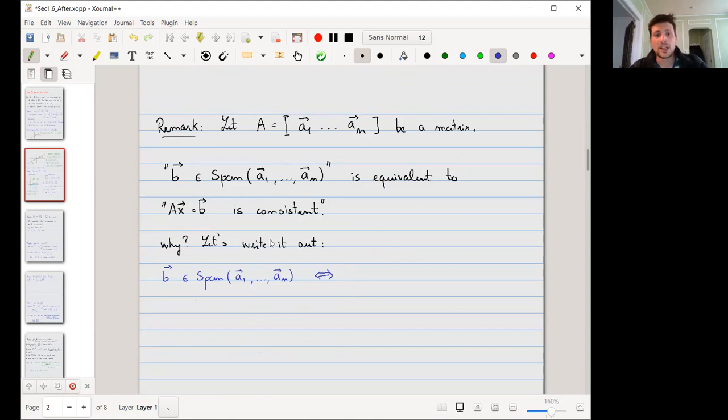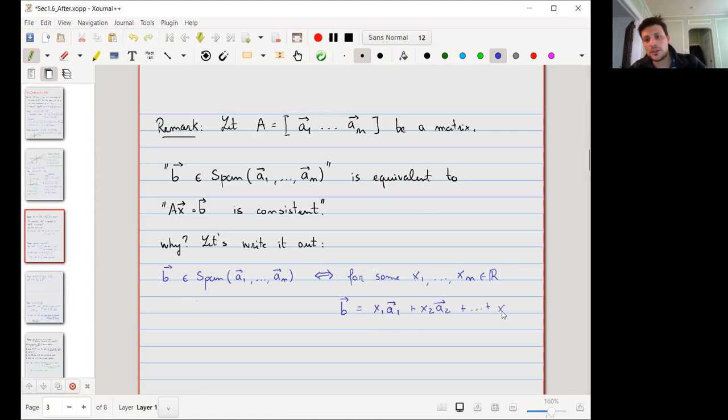Why? We can just spell all of this out. Saying that b is in the span of A1 to An means that for some coefficients x1 through xn in R, I can write b as a linear combination x1 A1 plus x2 A2 plus all the way up to xn An.